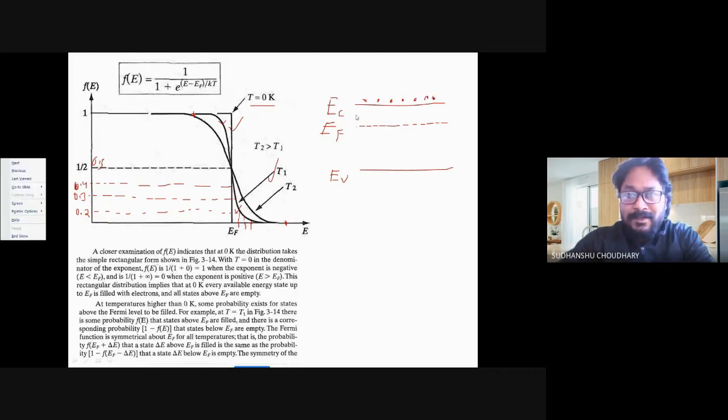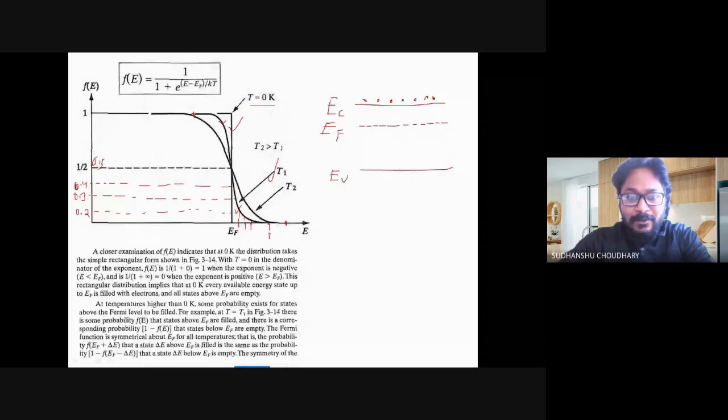So the bottom of the conduction band, which we say is EC, will also correspond to these energies. Let us say the conduction band energy level is somewhere here, EC, between EF and infinity, E from 0 to infinity. So the electrons will be there in the conduction band for an n-type semiconductor, obviously.